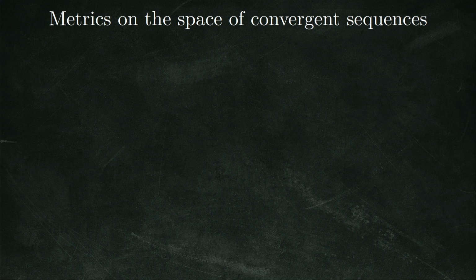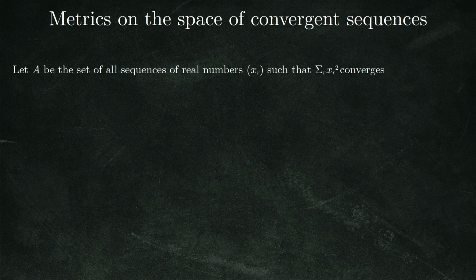Another space we can define metrics on is the space of convergent sequences. And you'll see why they have to be convergent in a bit. So let A be the set of all sequences of real numbers, which we denote the whole sequence in brackets with a subscript r, or to be fair, any subscript, such that the sum of x_r squared converges.